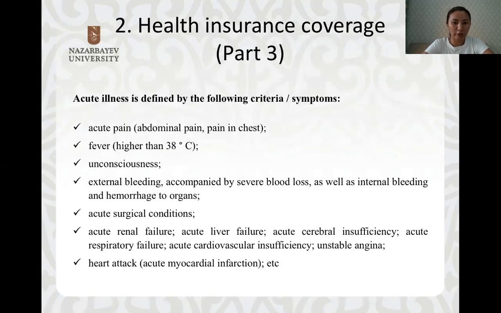Acute illness is defined with the following symptoms: acute pain, fever, unconsciousness, bleeding, acute surgical conditions, etc. And it's not limited to this list, believe me. Basically, the coordinator of the health insurance defines if the condition is subject for the coverage.